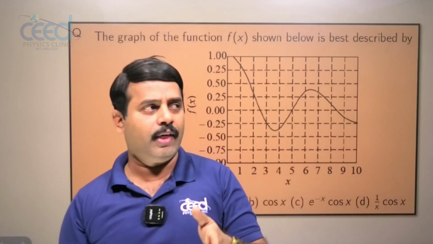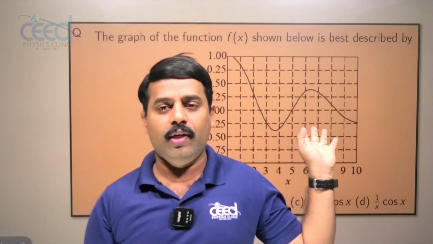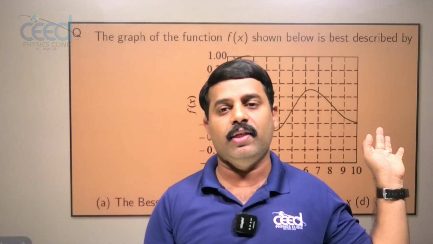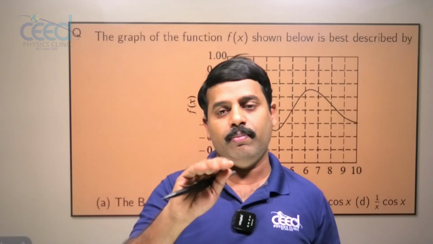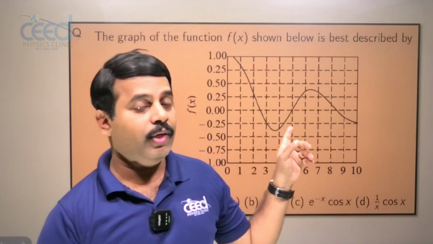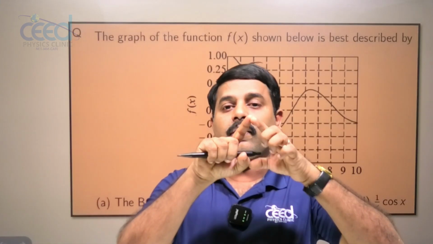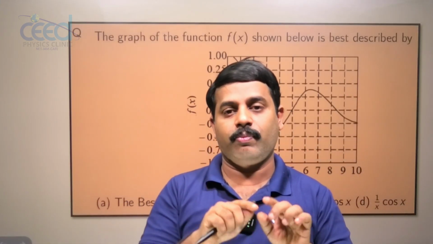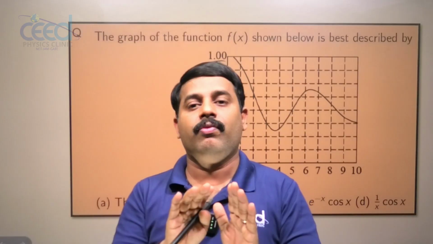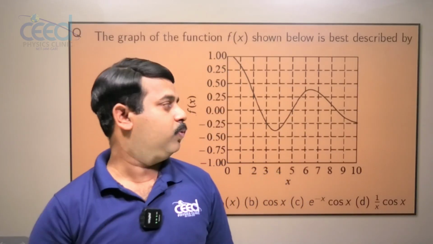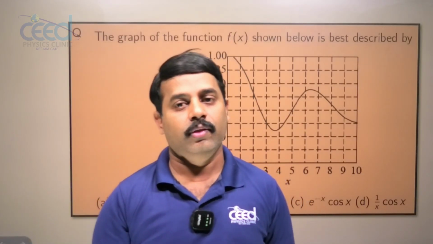And also the graphical nature of the first spherical Bessel function, and also we have studied the generating function. From the generating function also we can find J0, J1, J2, etc. Alright, thank you.